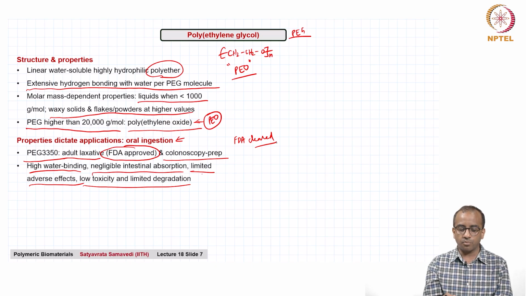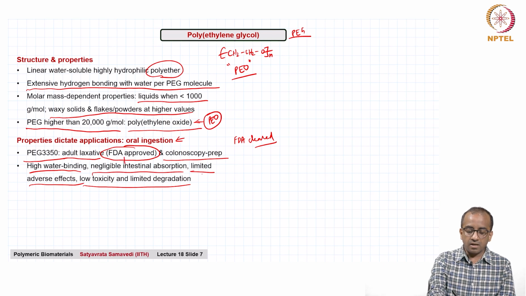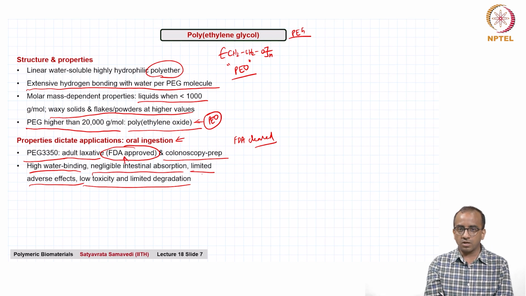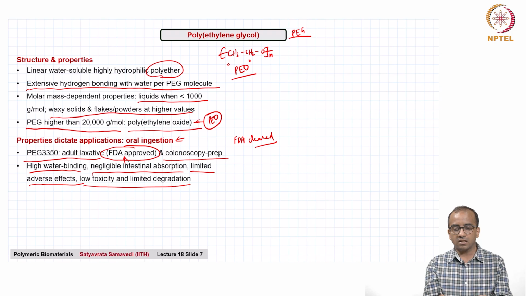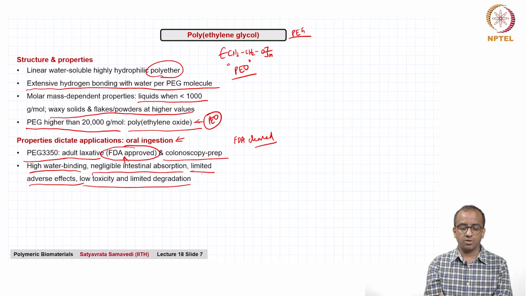The second important point is, FDA approval is often sought, or always sought, in the context of a specific material or a device used in a specific application. So, it is incorrect to say PEG 3350 is FDA approved.